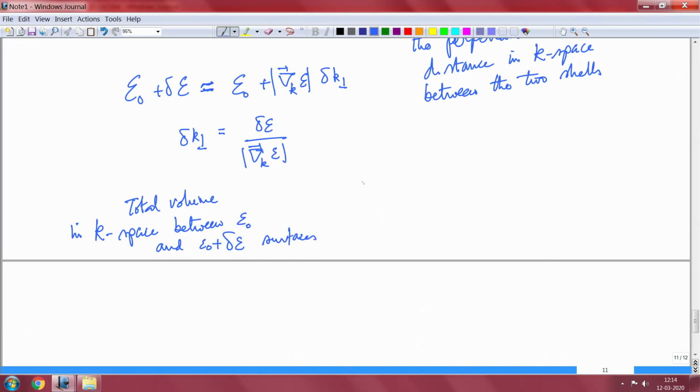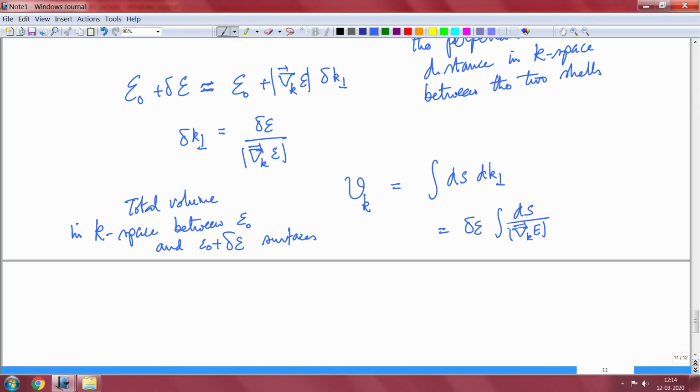Let me call this volume Vk, volume in k space. Okay. So, this is equal to integral ds dk perpendicular, which is equal to integral ds upon modulus grad k E times delta E. Okay.